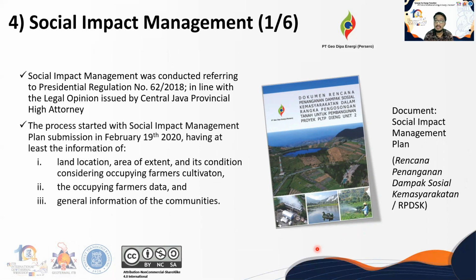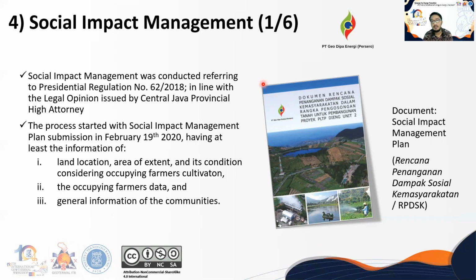The process started with the Social Impact Management Plan submission on February 19th, 2020, having at least the information of the land location, the area extent, and its condition, considering farmers' cultivation. Second is the farmers' data, and third, the general information of the communities, in this case the Karang Tengah villagers, Banjarnegara.